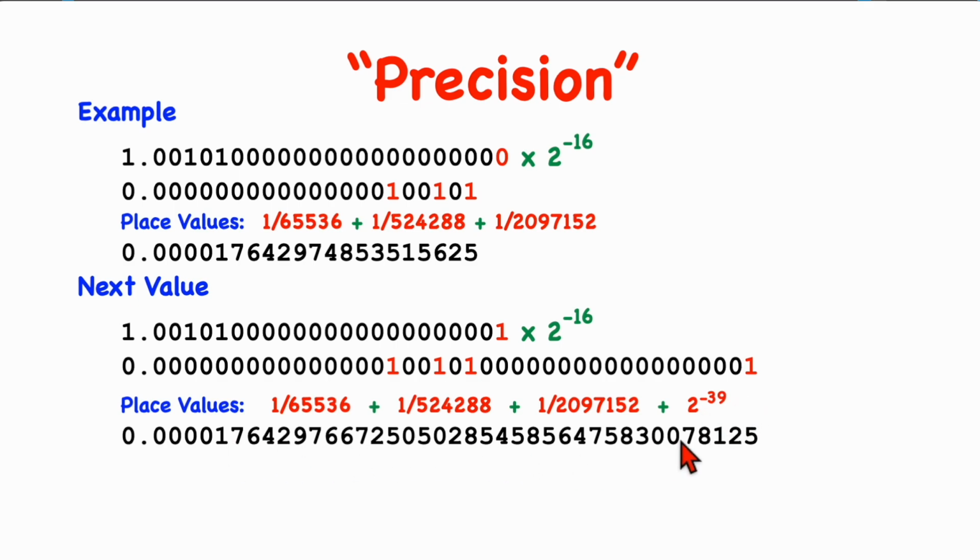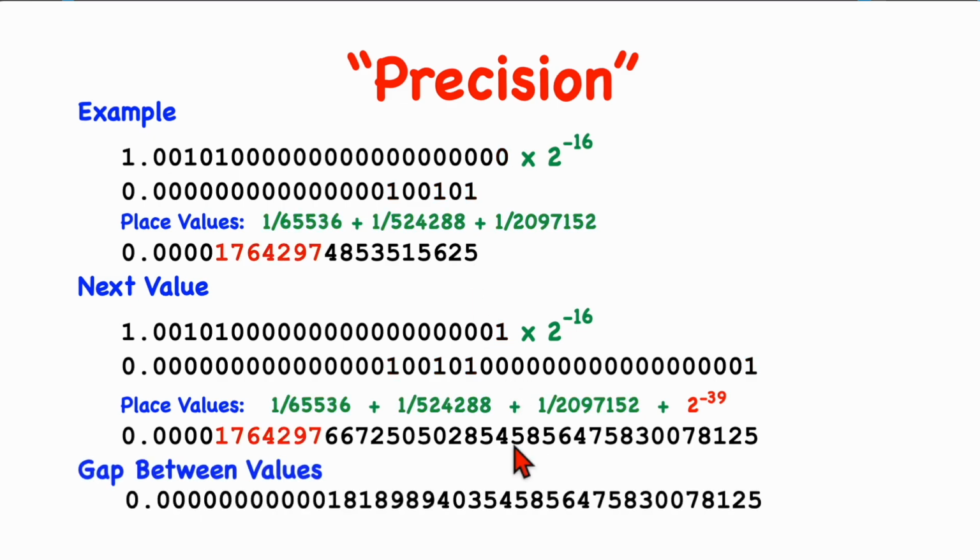And if we multiply it out, you would actually get this value here. So here's one value, and here's the very next value that we can represent. And if you compare these values, you can see that the gap between them is 2 to the minus 39th, which is this value here. And also, notice that the first 7 digits in the decimal representation are the same.